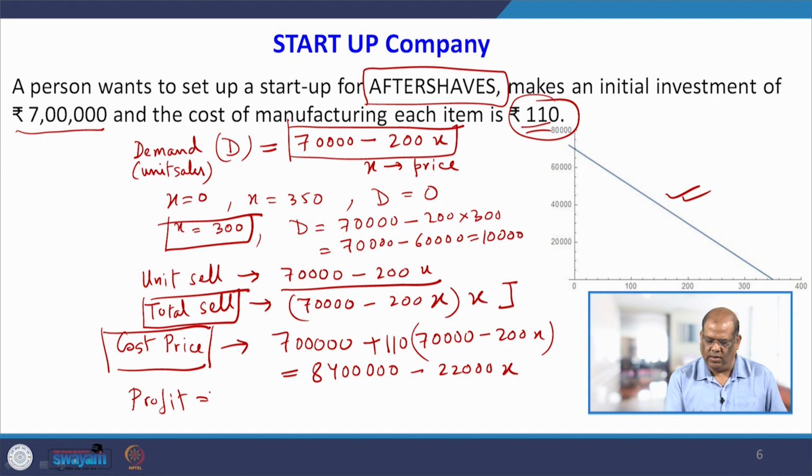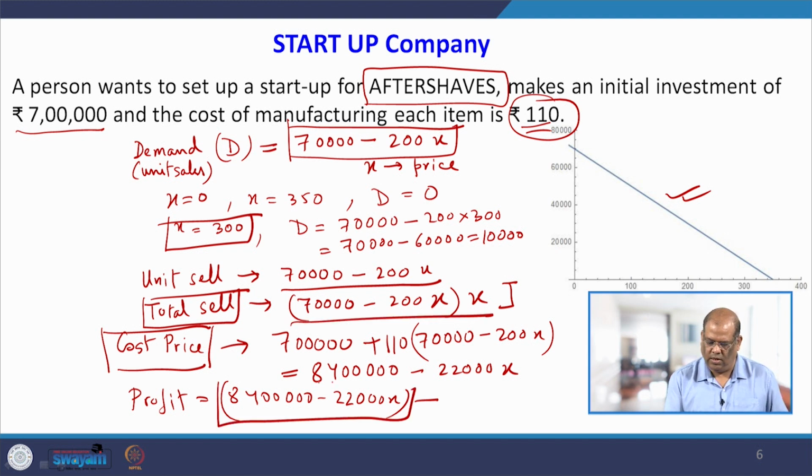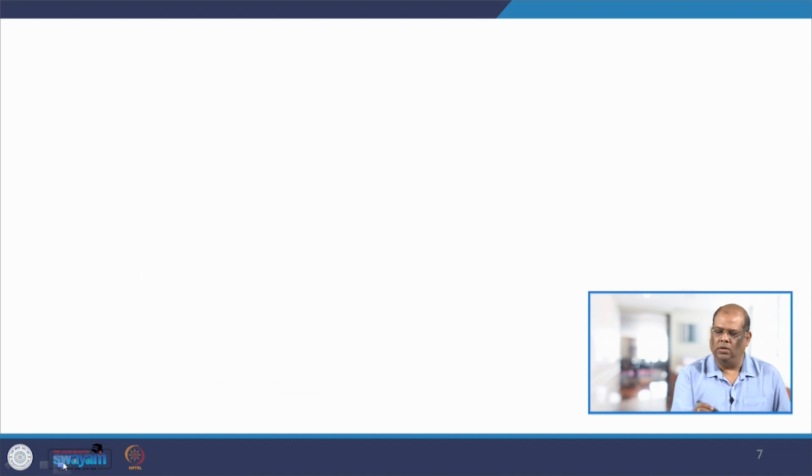is the selling price minus the cost price. So, let me rewrite it.